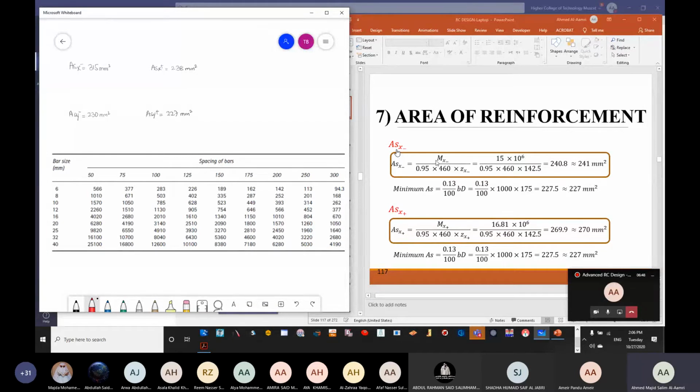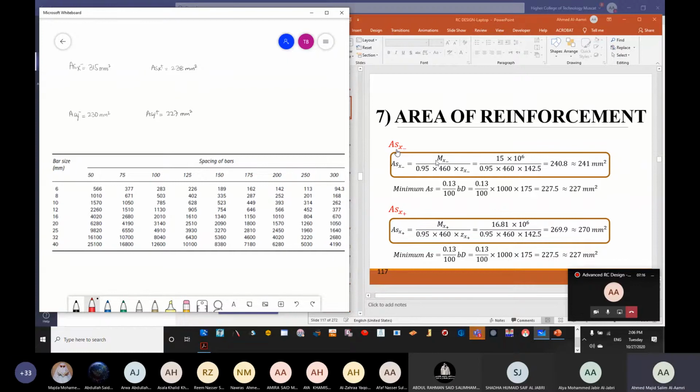Are we clear about the point of required and provided? Required is the amount that you require due to the bending moment value. Provided is going to be something more than the required. You are going to put it in reality. So when you are going to see your drawings later on, whatever layouts, whatever plans that you are seeing, you are not seeing the required values, you are seeing the provided values.